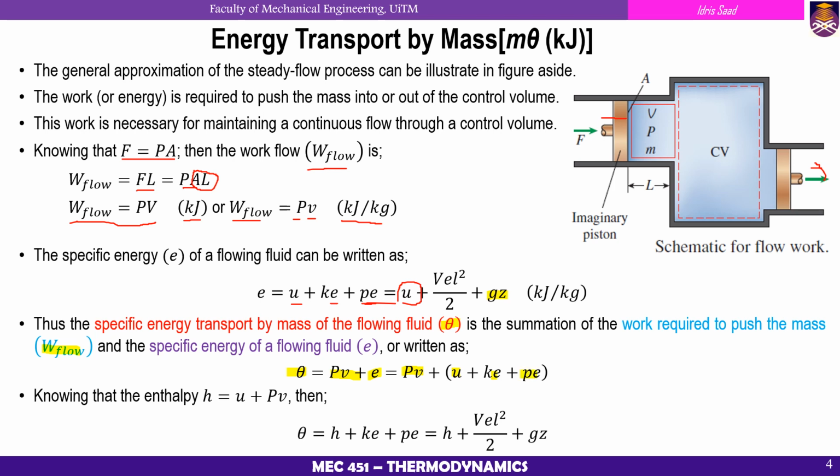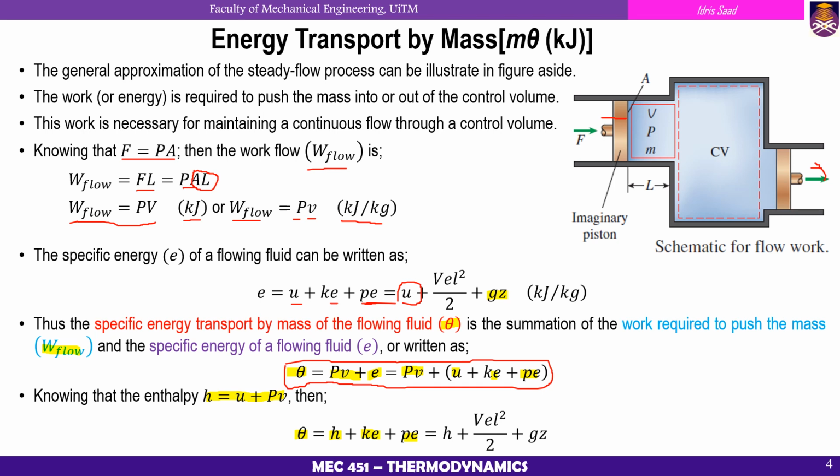We know that based on enthalpy, h is equal to u plus PV. Then we can rearrange this equation. Finally, what we get is theta is equal to enthalpy plus kinetic energy plus potential energy.